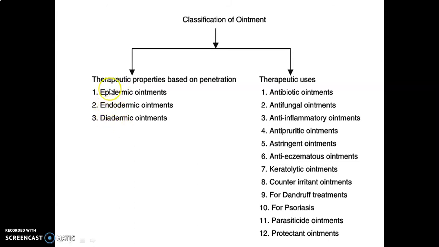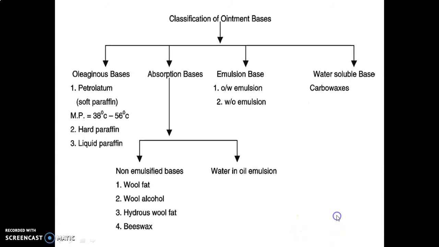Therapeutic uses: antibiotic ointments, antifungal ointments, anti-inflammatory ointments, antipruritic ointments, astringent ointments, anti-eczematous ointments, keratolytic ointments, counter-irritant ointments, ointments for dandruff treatment, for psoriasis, then parasiticide ointments and protectant ointments.